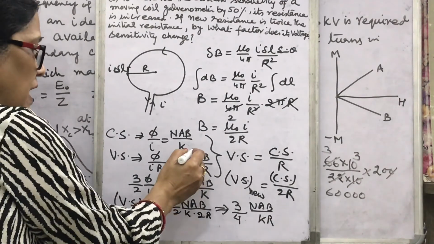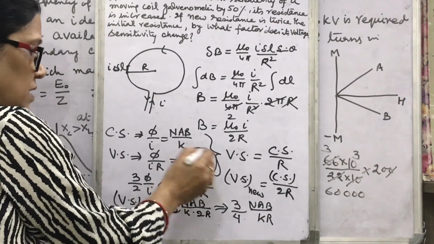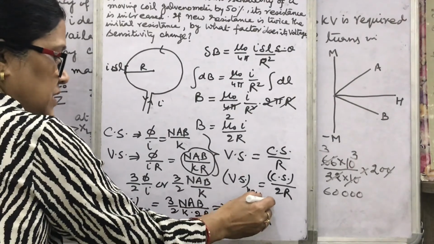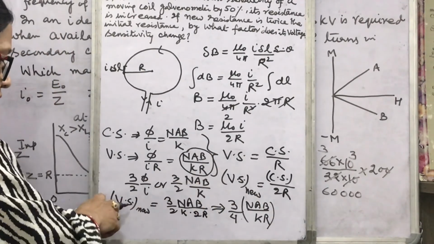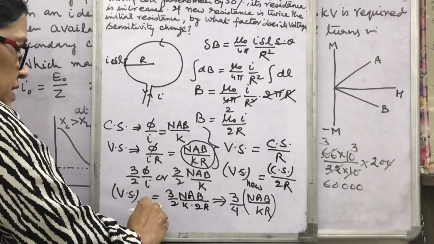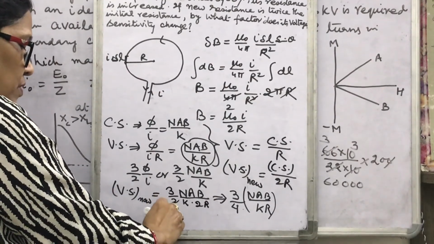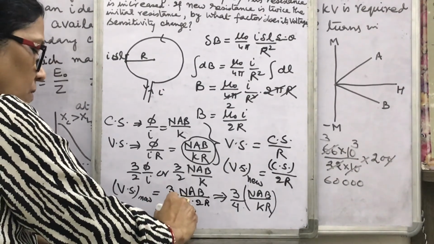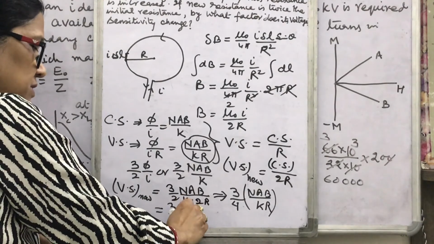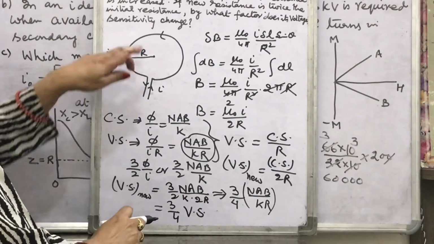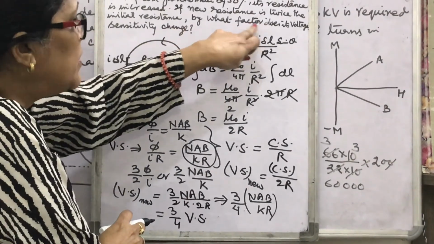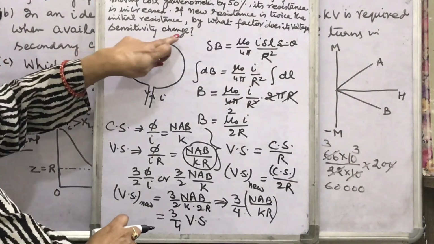What is NAB upon KR? This is the previous voltage sensitivity. That means the new voltage sensitivity is 3/4 of the previous voltage sensitivity. So by what factor does the voltage sensitivity change?